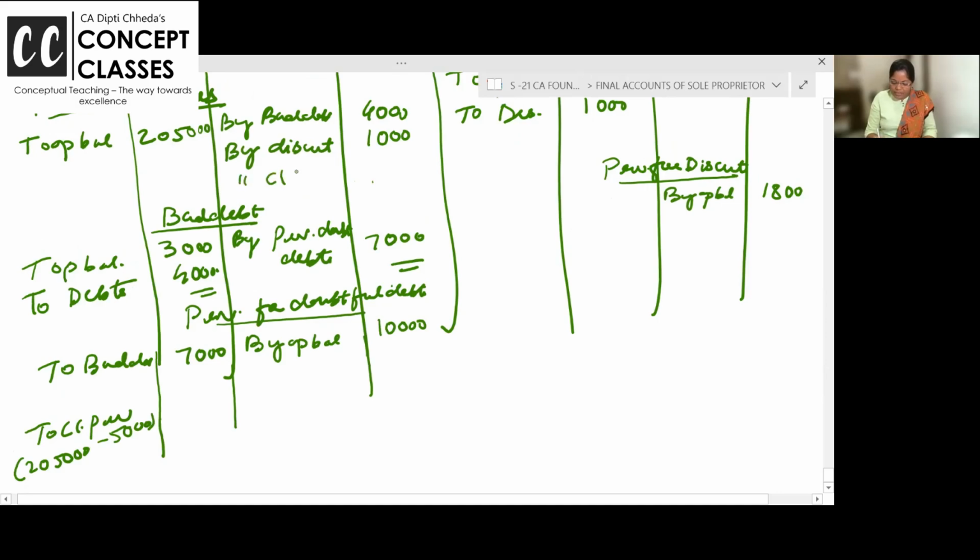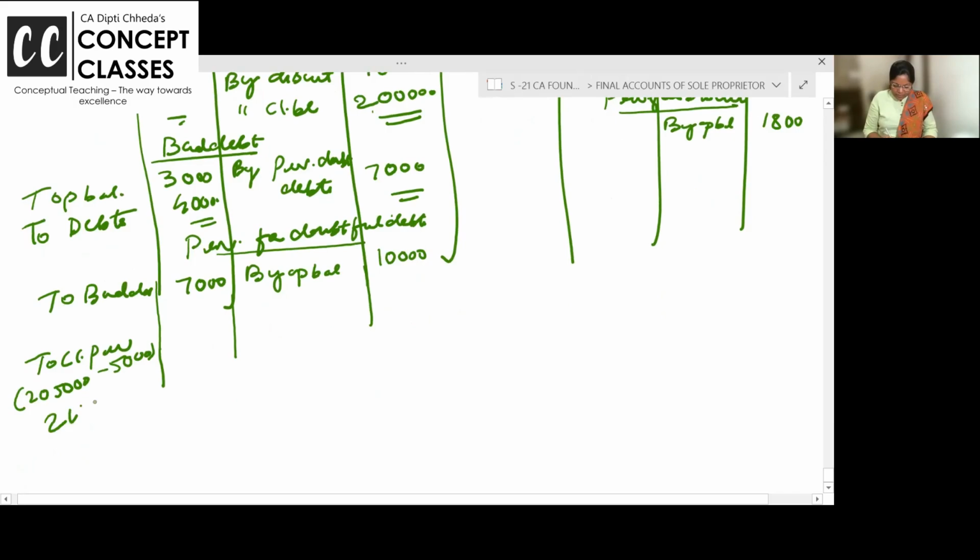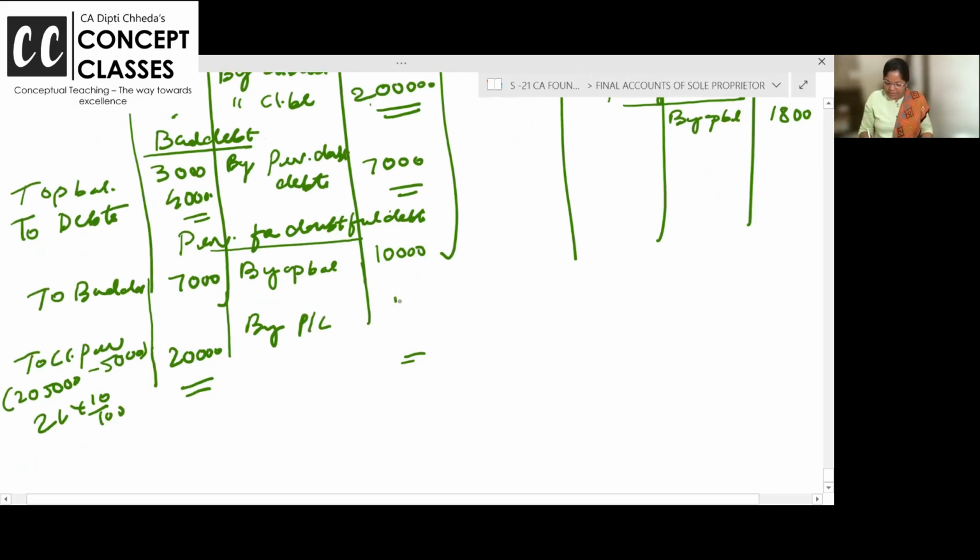So closing balance of your debtors is 2 lakhs, and provision for doubtful debts closing is required 10%. 2 lakh into 10%, 20,000. So the balancing figure we will transfer to P&L account, 17,000.